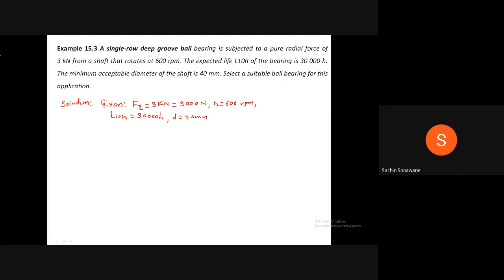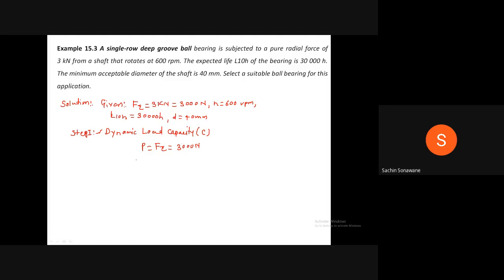Now, first of all, we will find out the dynamic load carrying capacity. Therefore, step 1, dynamic load capacity, that is C. Force P is nothing but Fr, which is equal to 3000 Newton.